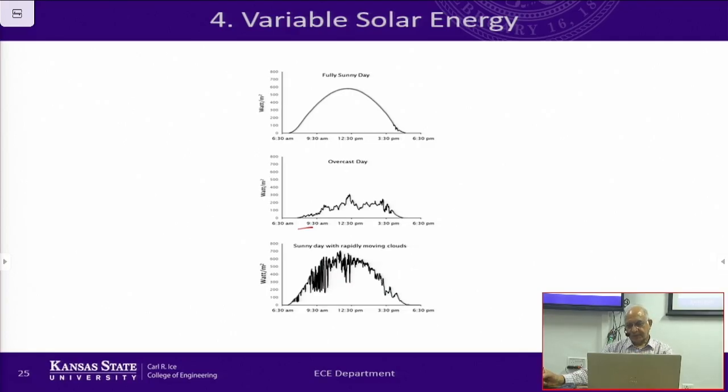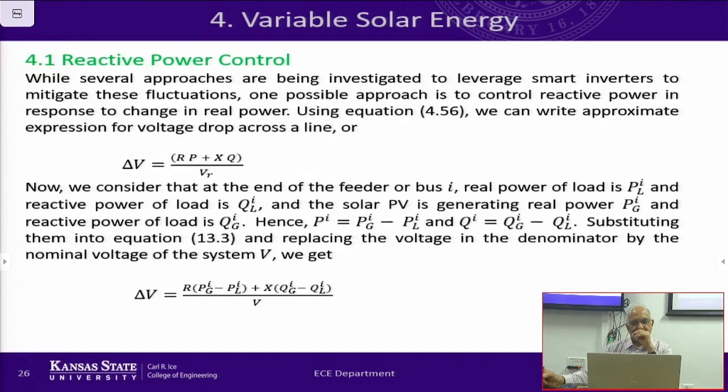What happens is that this will create voltage fluctuation, because your PV output is changing. So this is one approach that I'm going to talk about. Again, this is based on reactive power control. This can be used even for PV at the home level.